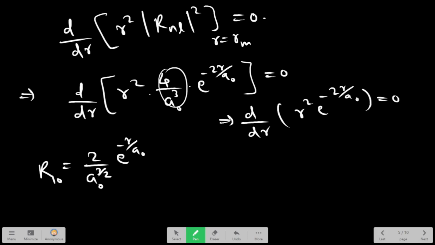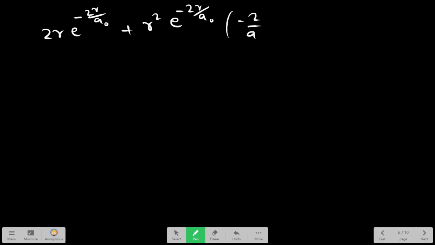Now you apply the product rule for differentiation. You will get 2R times e raised to minus 2R by a naught plus R square times e raised to minus 2R by a naught times minus 2 by a naught, equal to 0.